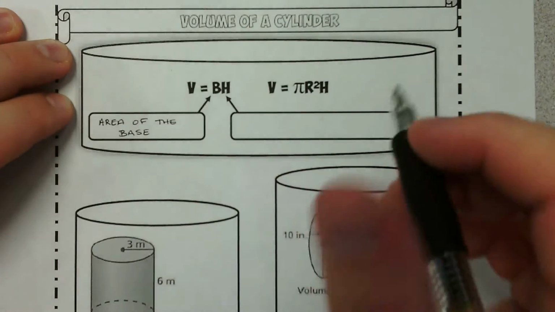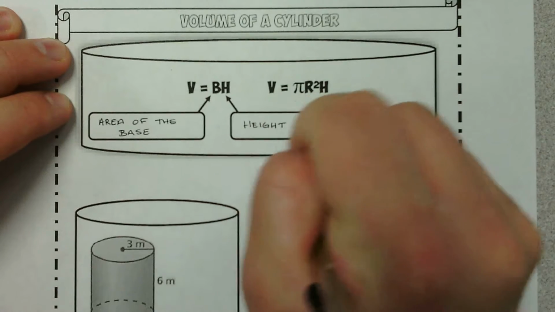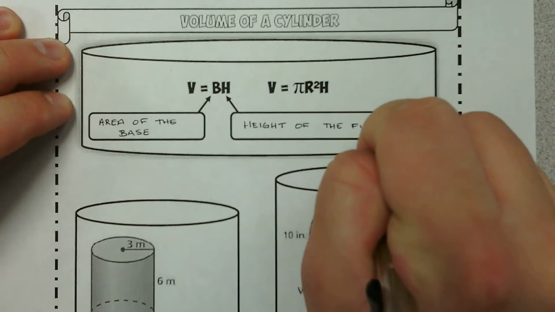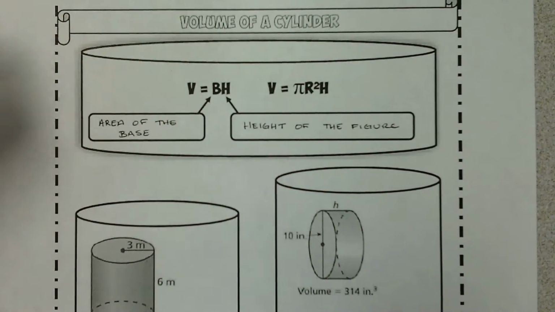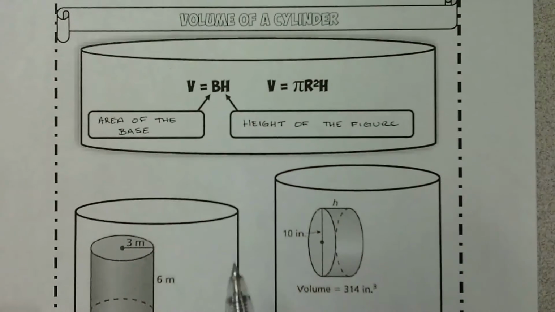And H represents the height of the figure. I'll show you a cool way to find that H every single time. So this is our base formula for a cylinder.